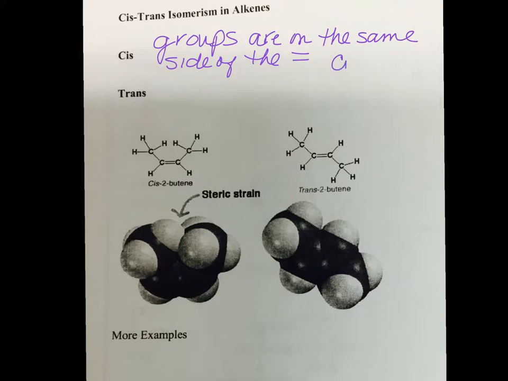And cis comes from the Latin word meaning on this side. So I guess you can figure out what trans means now. Groups are on opposite sides of the double bond.